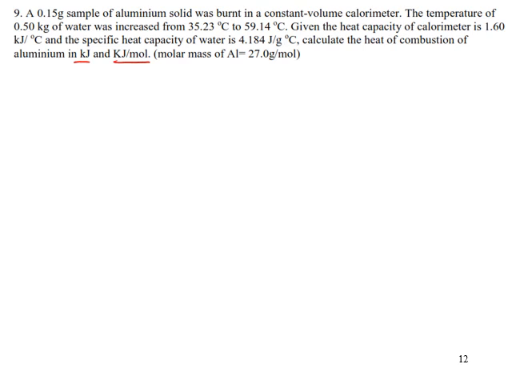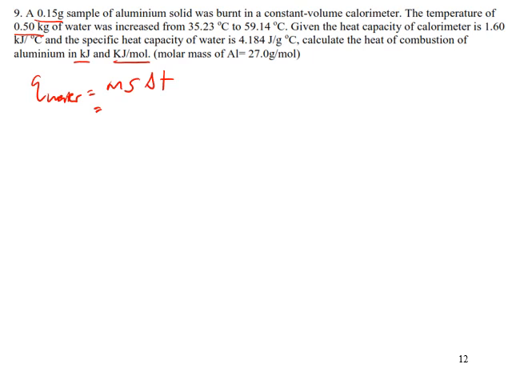So we are using the same formula here. First we calculate the Q water. So we are using m c delta T, where m is the mass of water. Please take note, we have two different masses here.